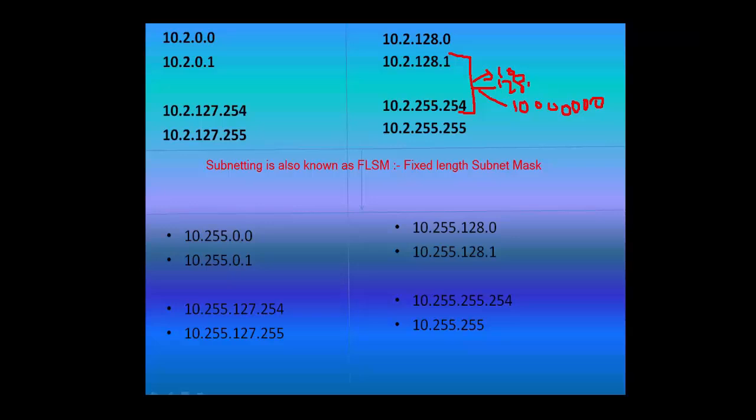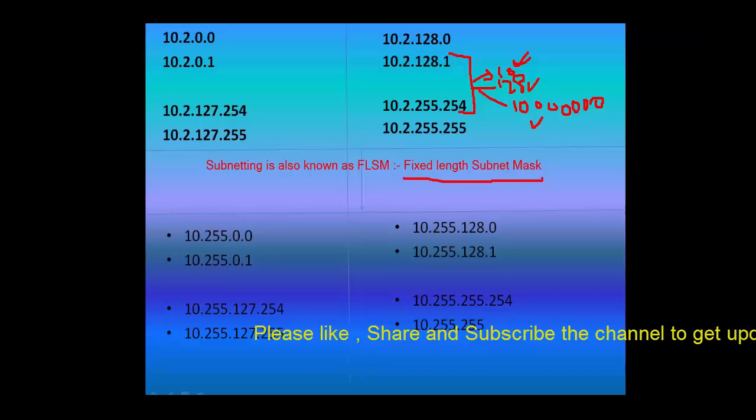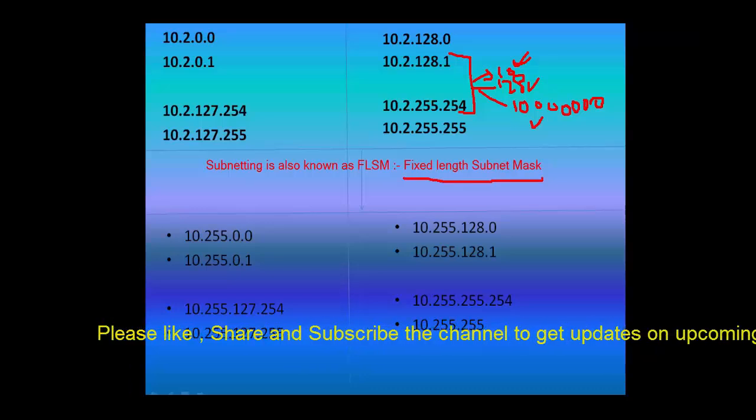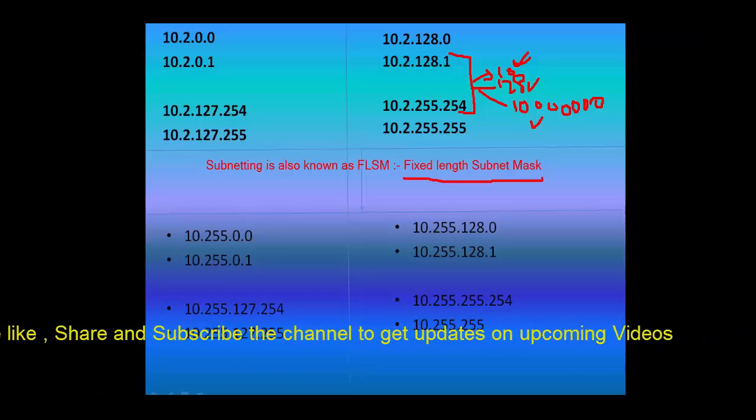So if we are getting a block of 128, then in case of an IP requirement of 10, there is a lot of IP wastage. But if we require more than 128 IPs, how do we manage that? By doing routing with the help of a router we can do that, but still it will be problematic for me. It's a big wastage of IPs because it's a fixed length subnet mask for all the blocks that we generate here.